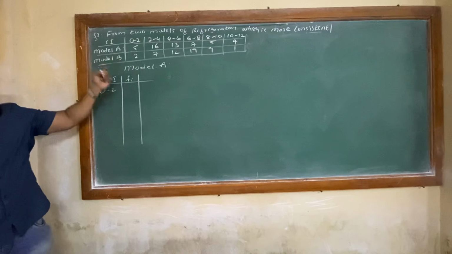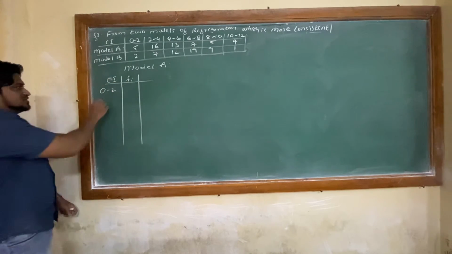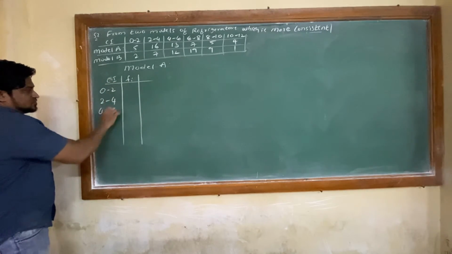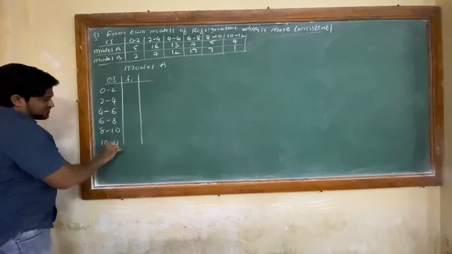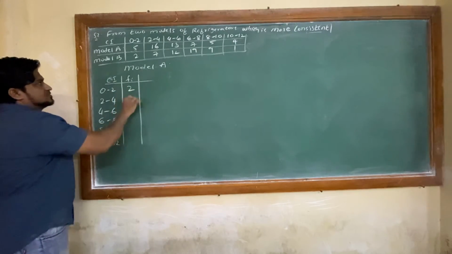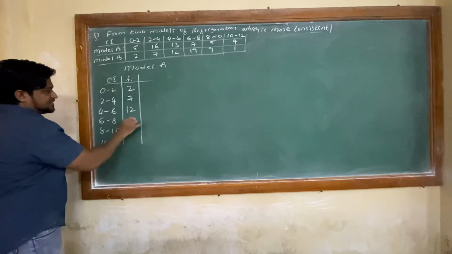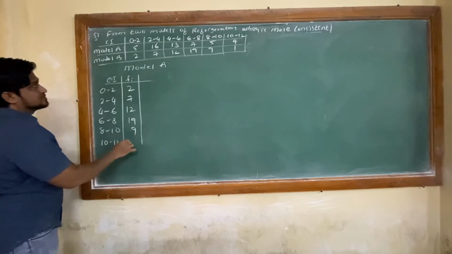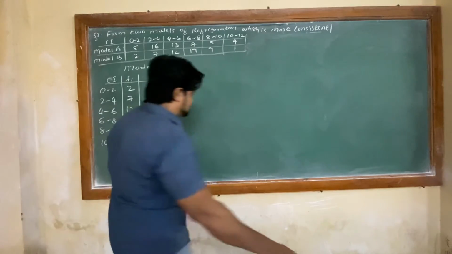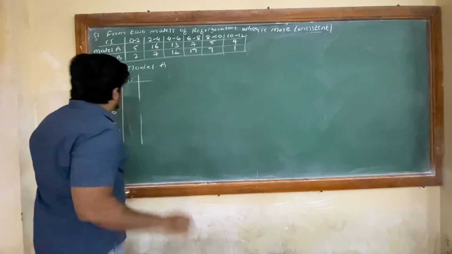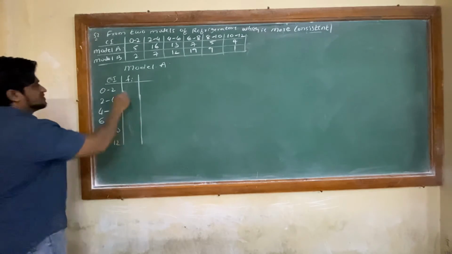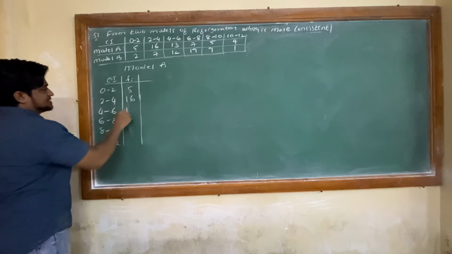Now class interval and frequency: 2 to 4, 4 to 6, 6 to 8, 8 to 10, 10 to 12. Frequencies 2, 7, 12, 19, 5, 16.